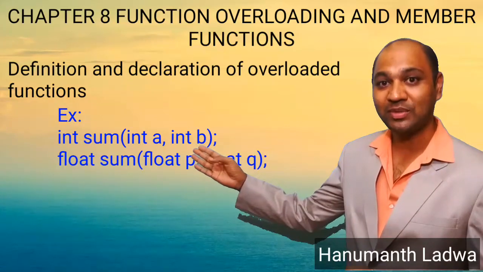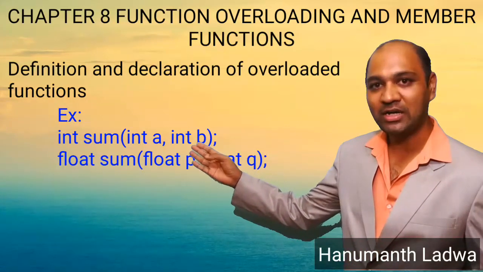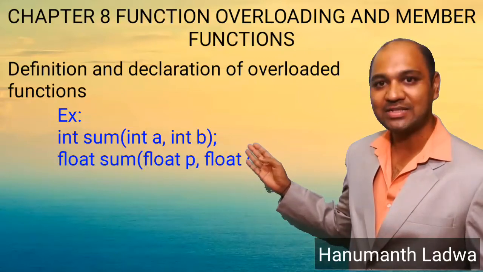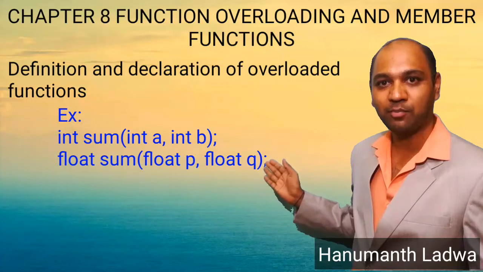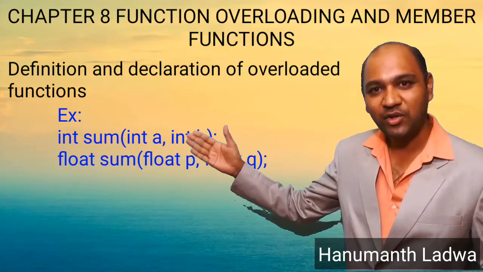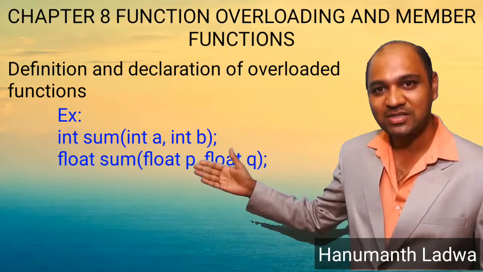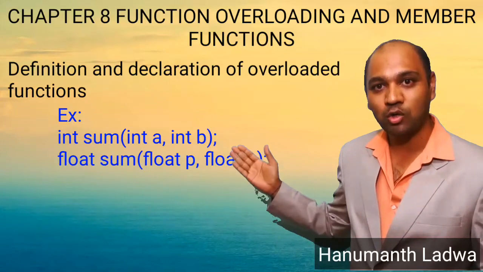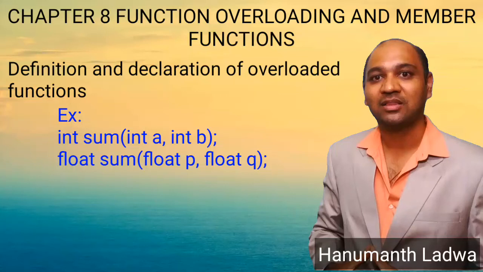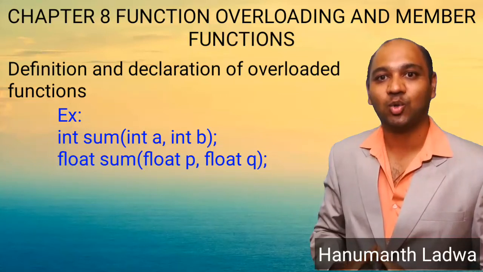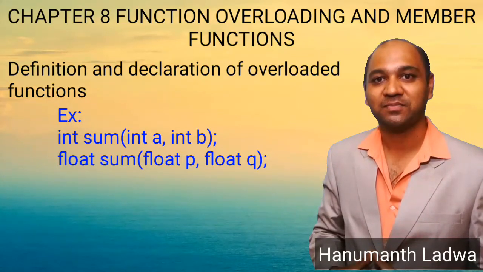Then one more function with the same name: float sum, and inside the brackets float p, float q, and a semicolon. Here the name of the function is the same and the number of arguments is also the same, but the return type is different.